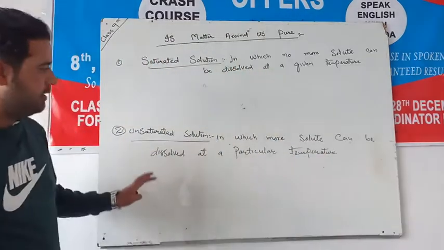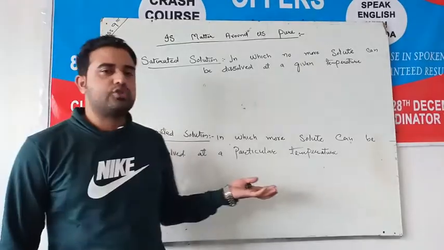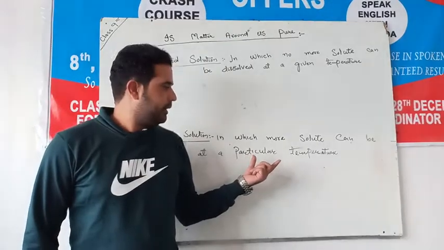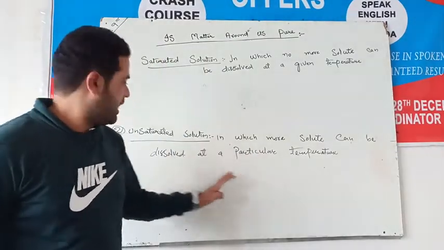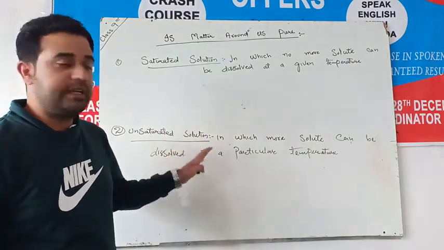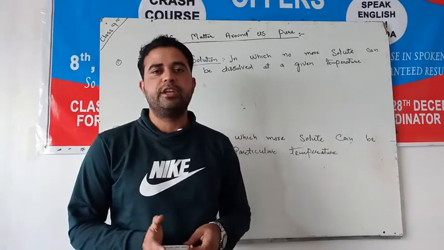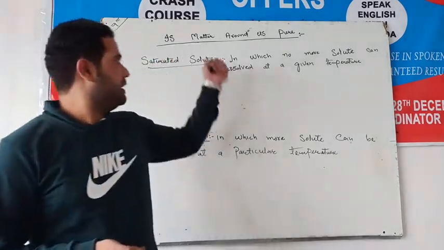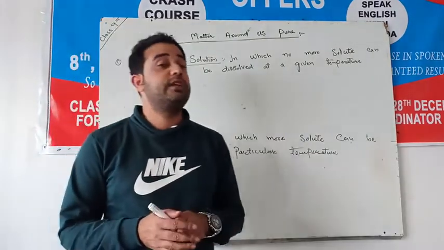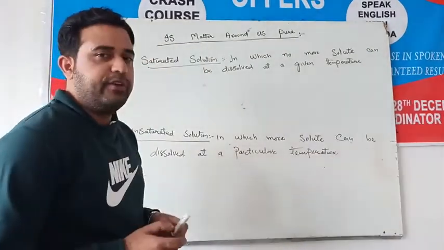When we can dissolve more solute in a particular solvent at a particular temperature, this type of solution is called an unsaturated solution. So unsaturated solutions are those in which we can add more solute, whereas saturated solutions are those in which we cannot add more solute at a given temperature.